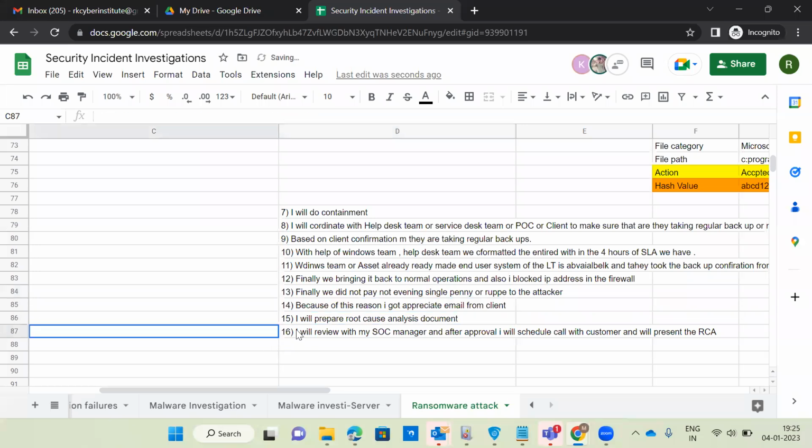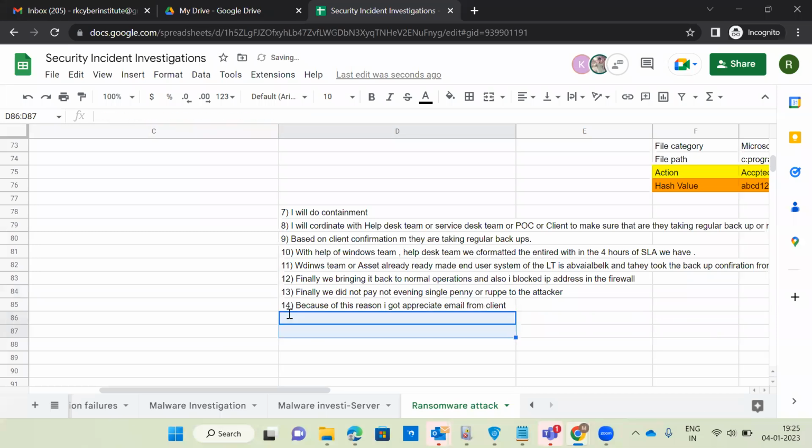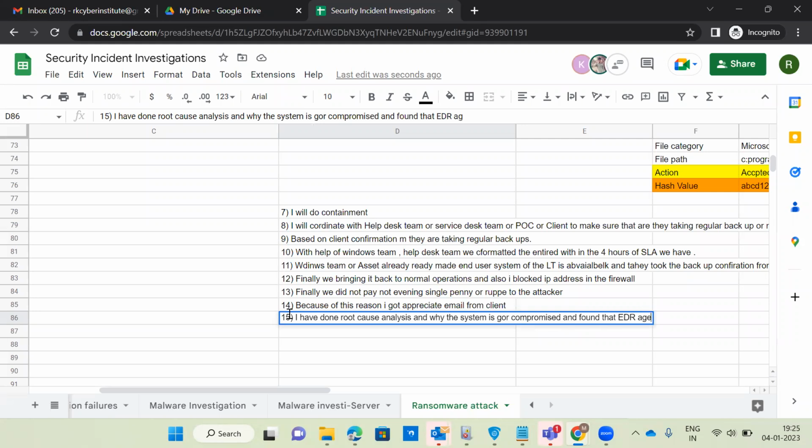If you want, you can add additional information also. I have done root cause analysis, why the system got compromised. And found that the EDR agent is not up to date.